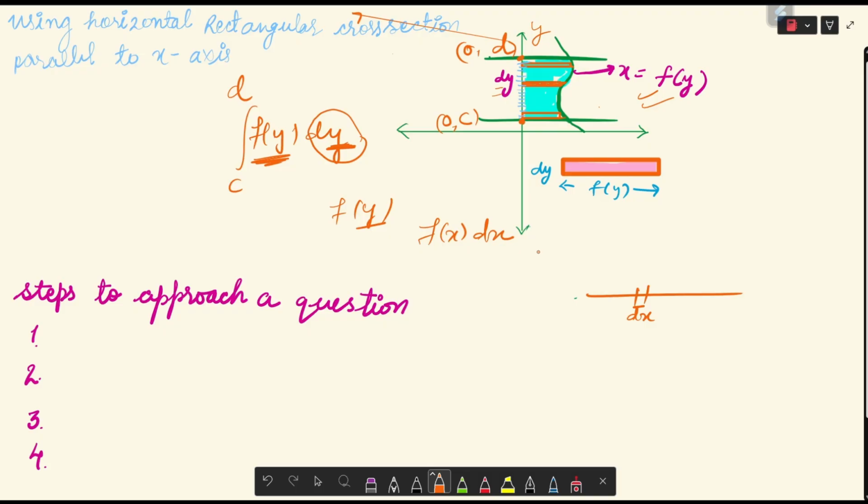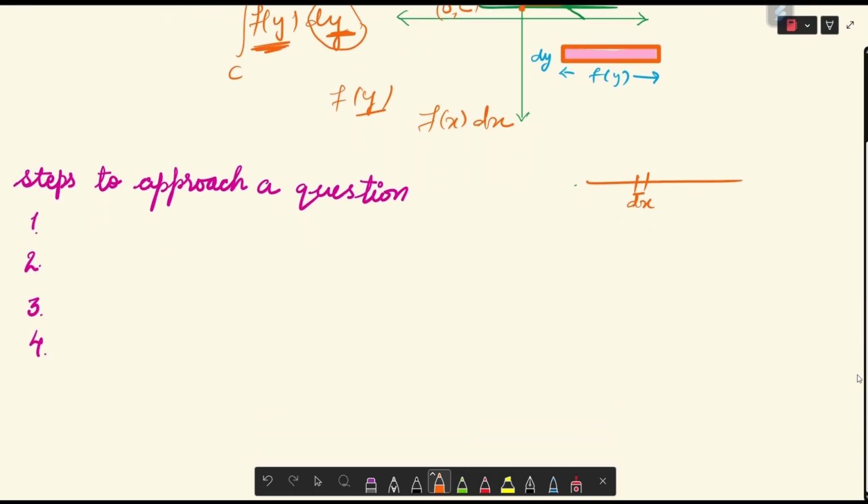Similar concept like vertical rectangles, here we are making horizontal rectangles. So if you are given a question, how are you going to approach it? So first of all you will be given some curves, right? The curves will be given to you, like you are given x squared plus y squared equals 16.